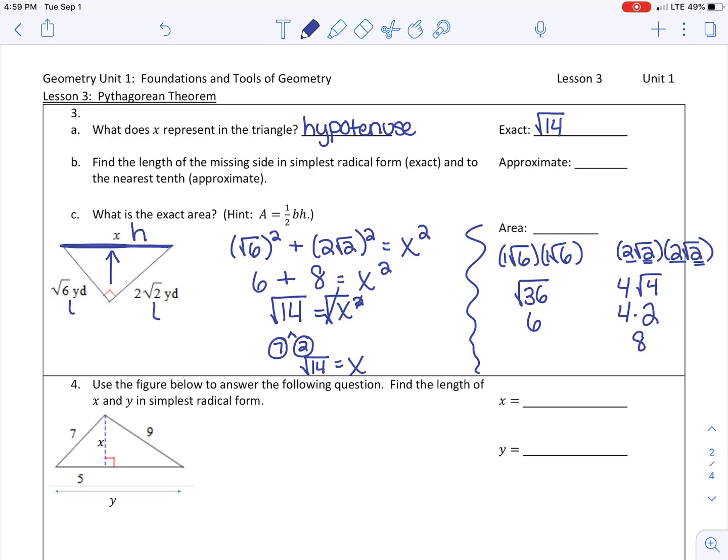Now, for our approximate answer, we'd want to plug that into our calculators and say, well, what is the square root of 14? So if we do that, the square root of 14 is 3.741. Okay, and again, it says to the nearest tenth. So I want to look at my first decimal place.